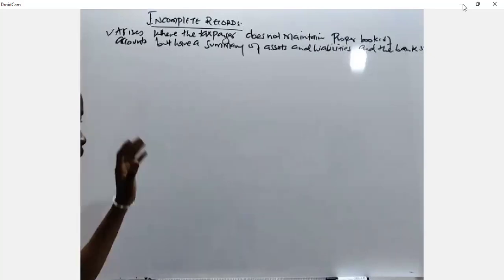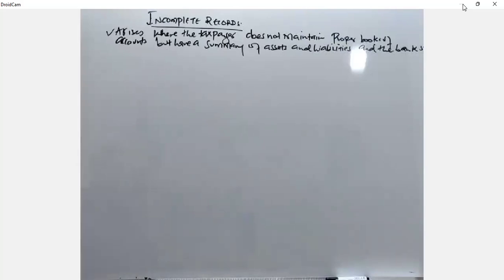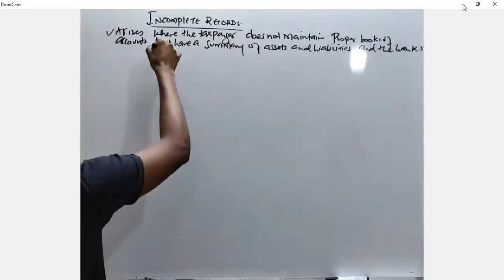Okay, let me pick from there. In the previous class we said these incomplete records arise where the taxpayer does not maintain proper books of accounts, but has a summary of assets and liabilities and the bank statements. And we said only 2 accounts are required to be prepared here.